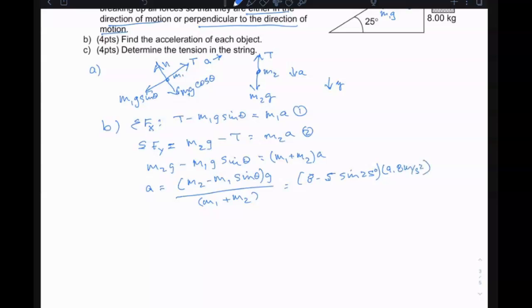Notice I left the kilograms out because I'm going to have kilograms in the denominator, and so they're just going to cancel out. And I have 5 plus 8 in the denominator. And when I calculate that, I get 4.43 meters per second squared.